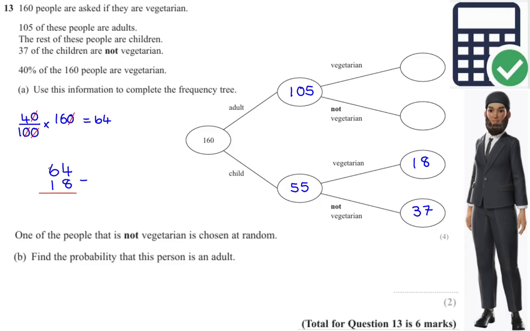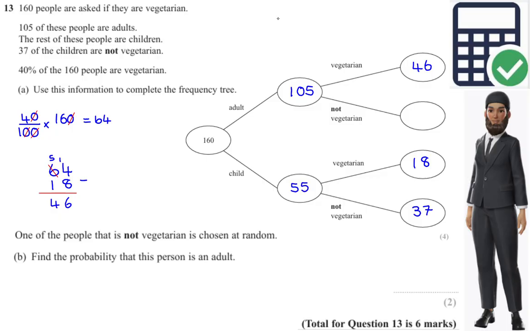That becomes a 5, and that's going to be a 1. 14 take away 8 is going to give you 6. And 5 take away 1 is going to give you 4. So it's 46. So 46 of these are vegetarian, which are adults.